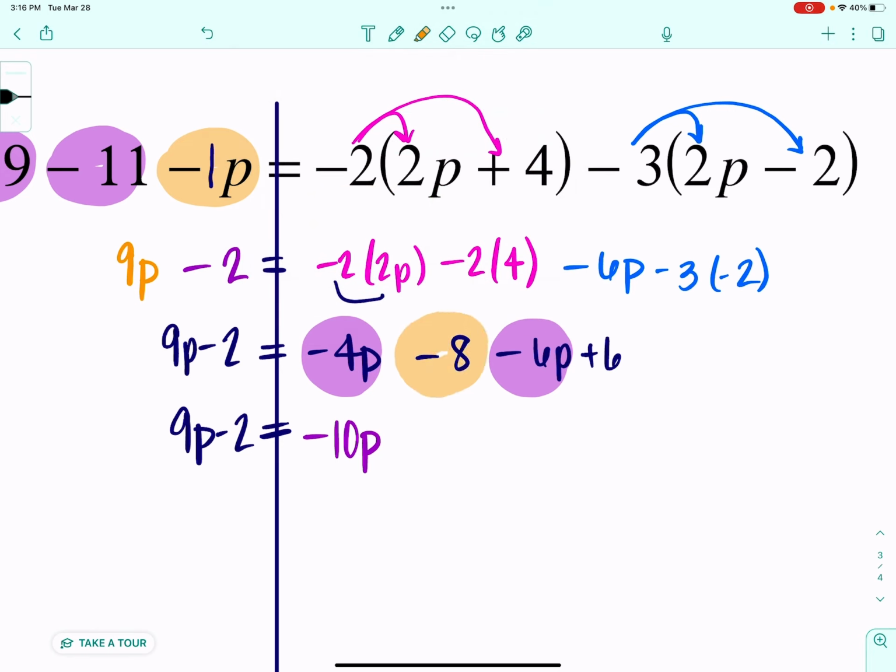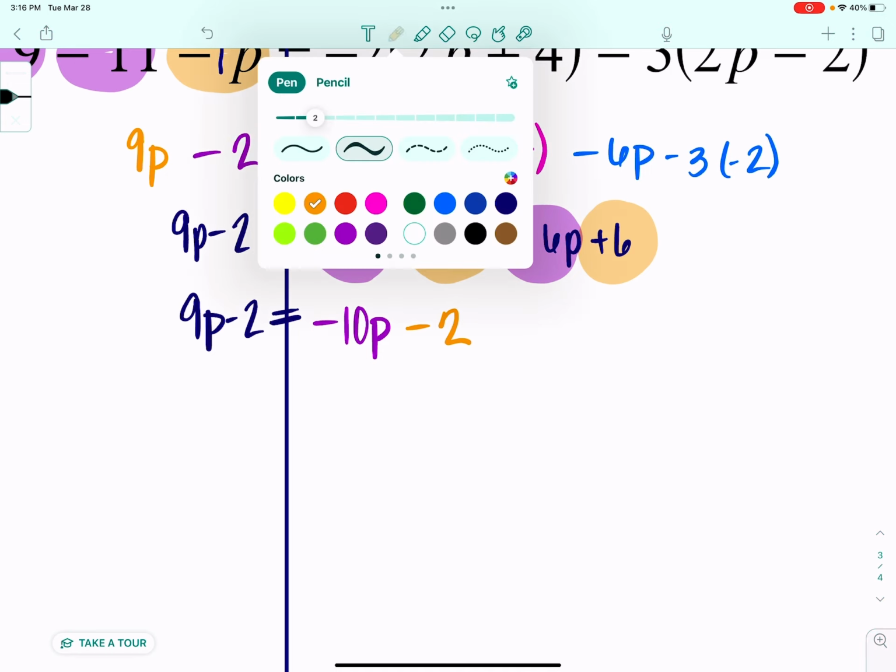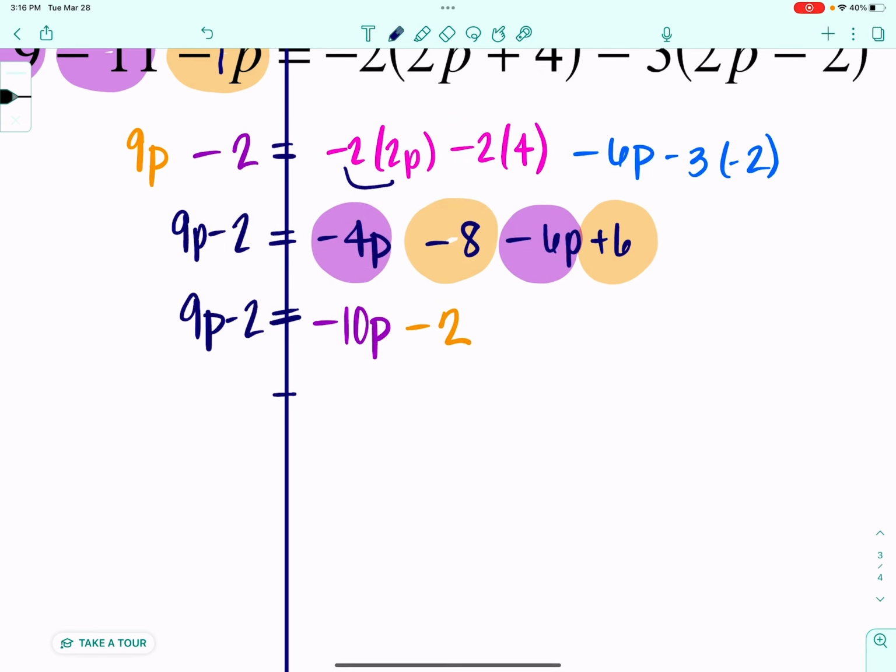Then I have a negative 8 and a positive 6. That gives me, when I combine them, a negative 2. So we've done all of the combining on the left, all of the combining on the right. Now we are ready to solve.